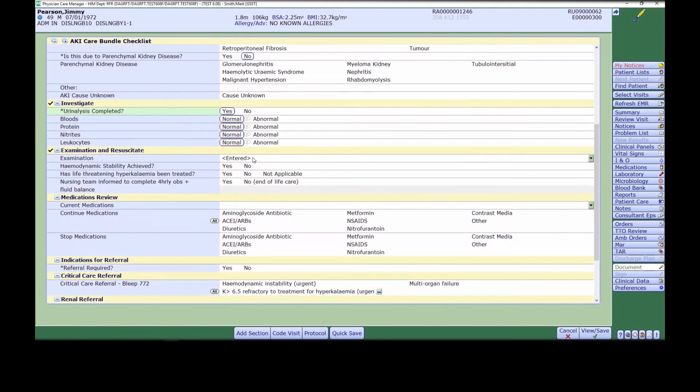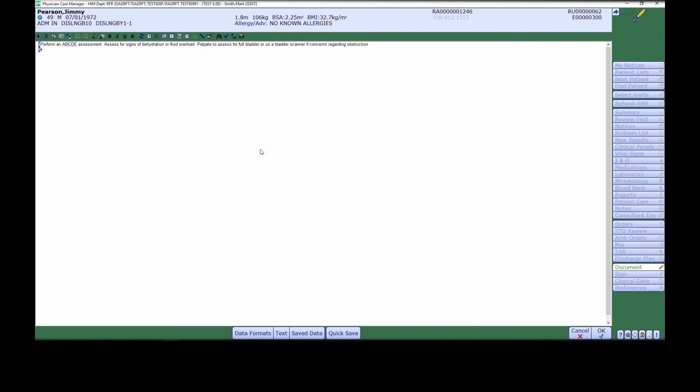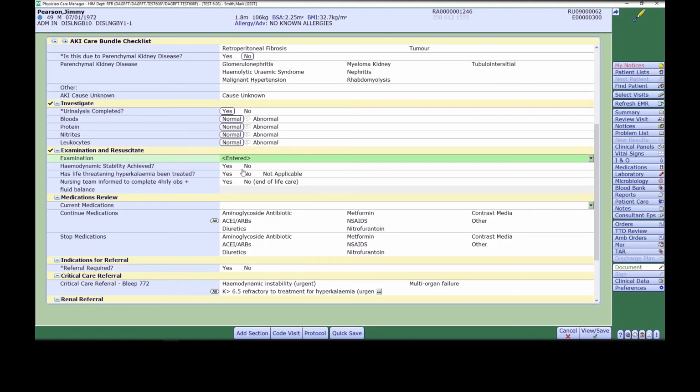The next step is to document your examination and resuscitation of the patient. In this case, we will say that the patient is dehydrated with no palpable bladder, that the patient is hemodynamically stable after some resuscitation, and that the patient doesn't have hyperkalemia.